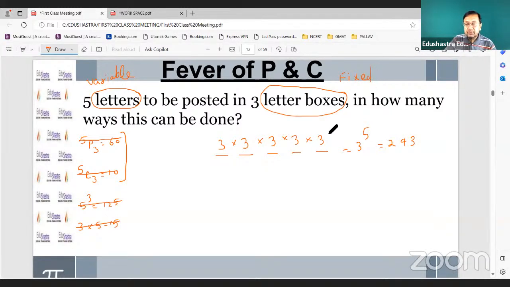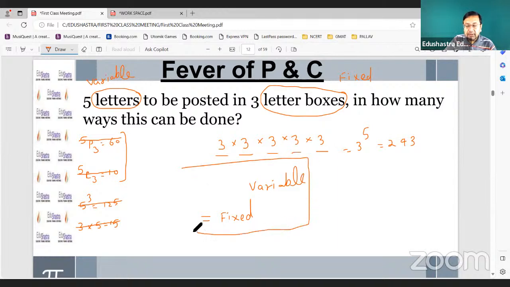Right? So in this, your answer format should always be: the fixed number should come in the base and the variable number should come in the power, and if you follow this format, then you will always get your correct answer. Right?